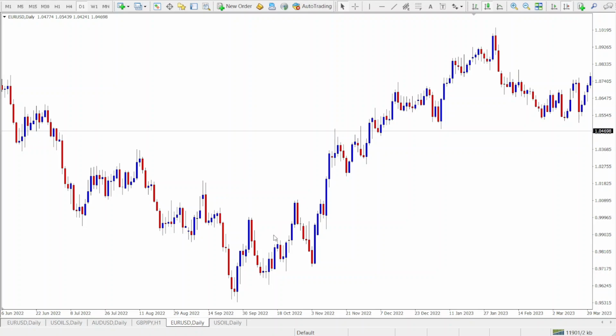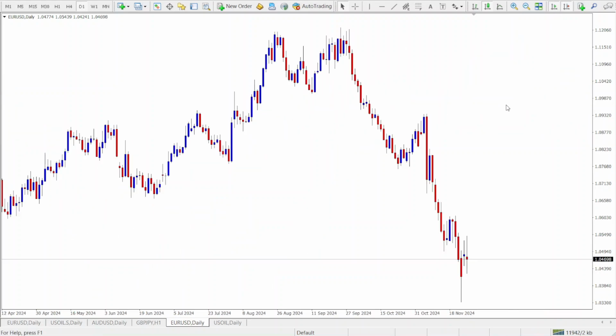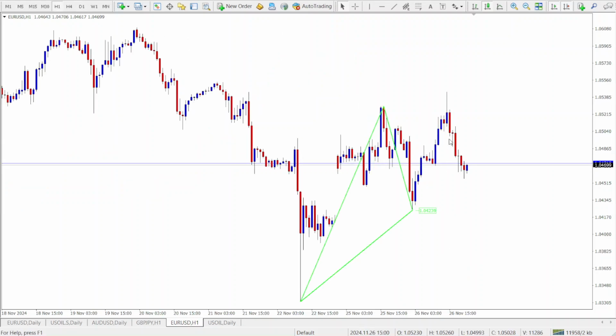Now I'm going to be adding the triangle pattern indicator to the chart right away. And as you can see, this is how the indicator looks. Basically, what the indicator does is that it helps you to identify triangle patterns on the chart, specifically triangle patterns.